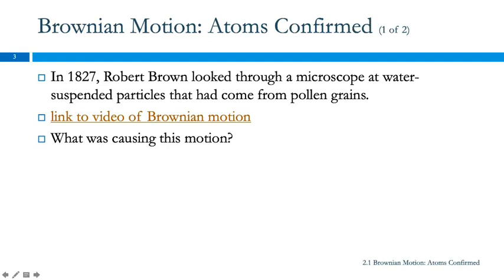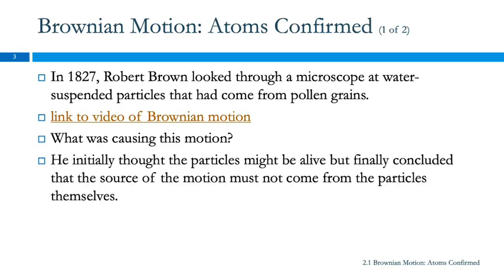So he saw these particles moving, and he wondered what's going on with that. He initially thought the particles might be alive, but he eventually concluded that the source of the motion was not from the particles themselves, but was from outside the particles.